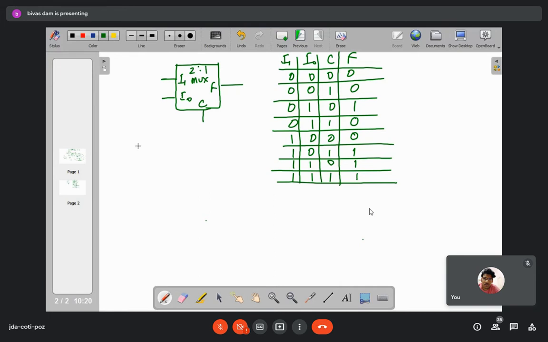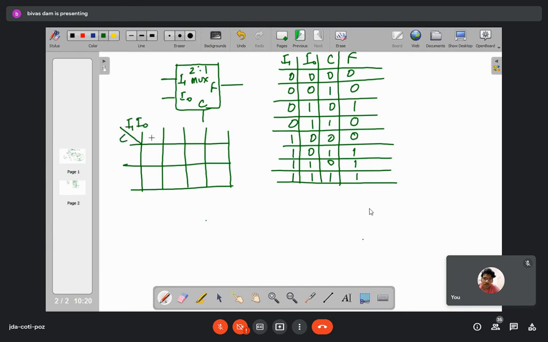So to minimize and realize this, I have to go for one 3 input variable Karnaugh map. Zero, 0, 1, 0, 0, 1, 1, 1.